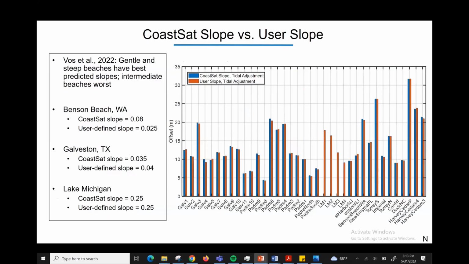A great aspect of CoastSat is it's also capable of extracting a slope in the event that you don't have any ground truth data, or maybe you're at a very remote site that you've never been to. So if you can run CoastSat for at least 10 years, we found that it's reasonably reliable in terms of generating its slopes. We did have some discrepancies, as we've highlighted here.